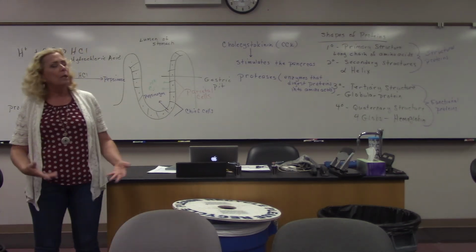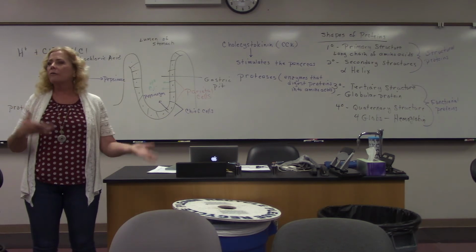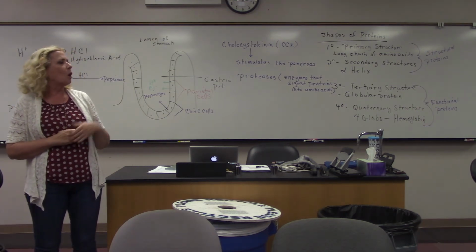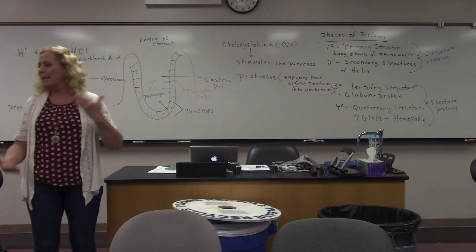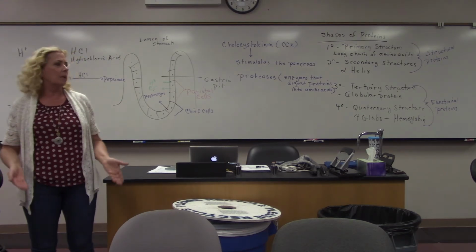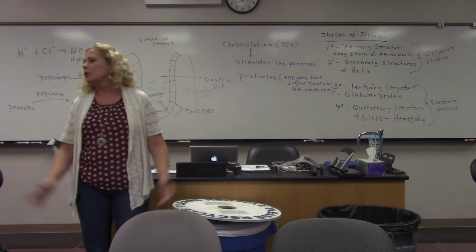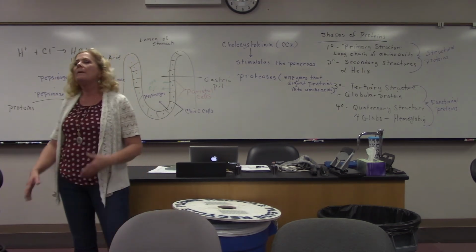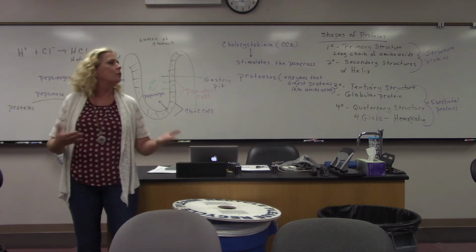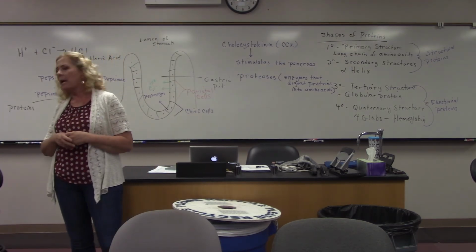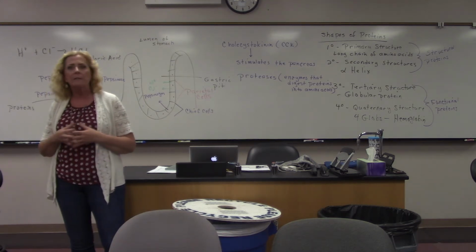This pool is really amino acids that are floating around in our bloodstream. We talked about the fact that we're always having wear and tear on the amino acids of our body. So maybe you have a patient who's been burnt, or maybe they have a large wound that needs to be healed, and a lot of amino acids have been destroyed because of this.